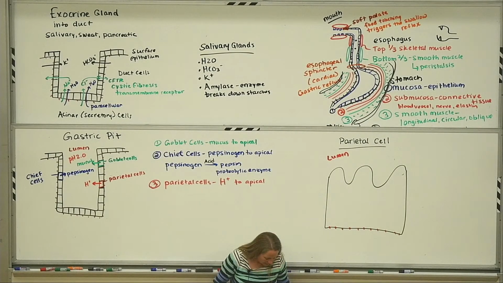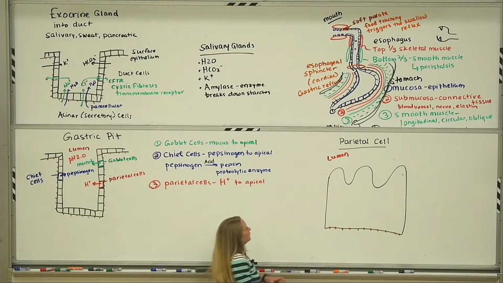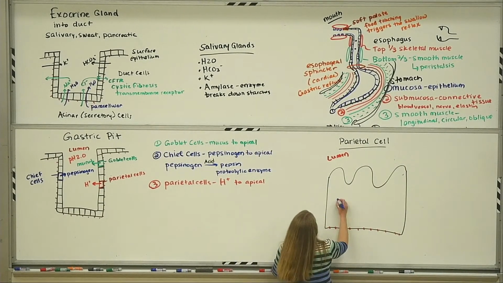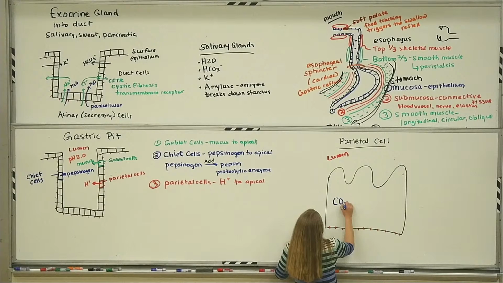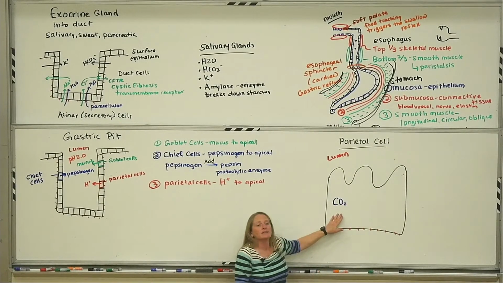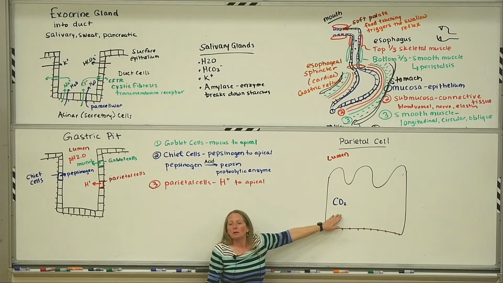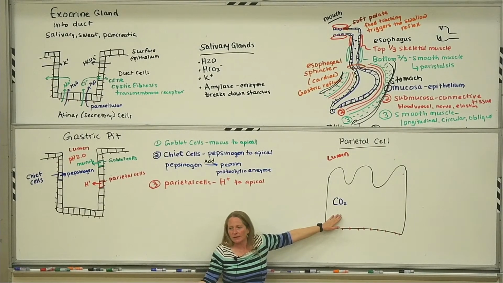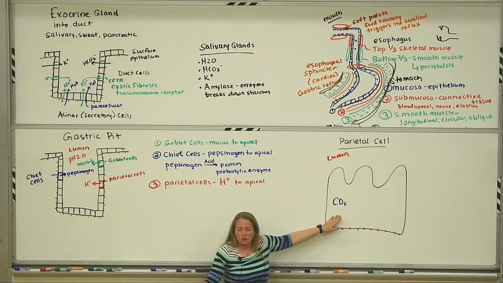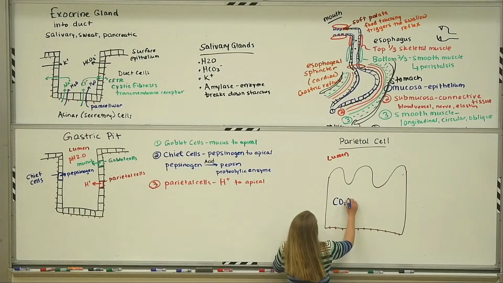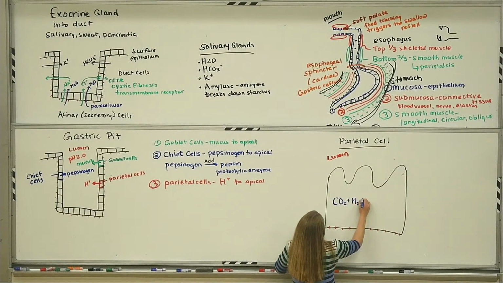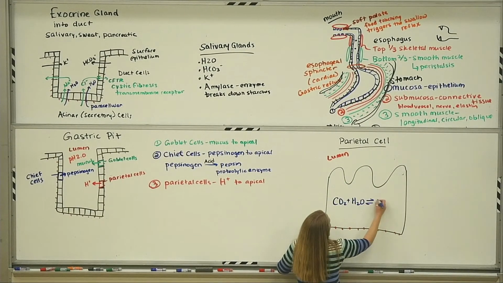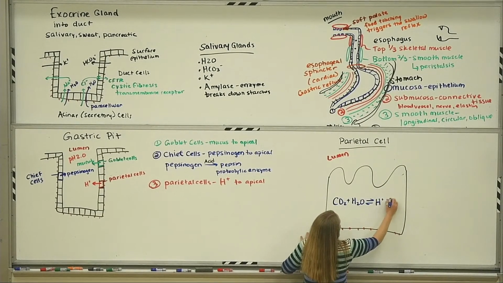And back then we said that the carbonic anhydrase was in erythrocytes, which is true, but we also have them here in these parietal cells. So we can take CO2, which we make in the cell, because we're using mitochondria to make energy in every single cell. But now instead of taking the CO2 and putting it in the blood, we'll just keep it here, combine it with water, and make hydrogen ion and bicarbonate.